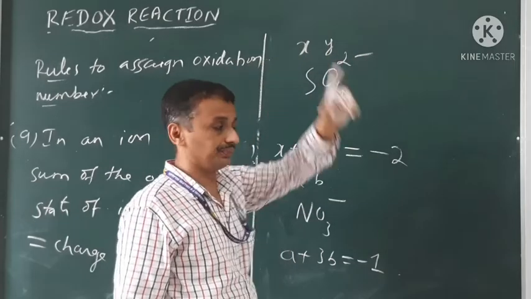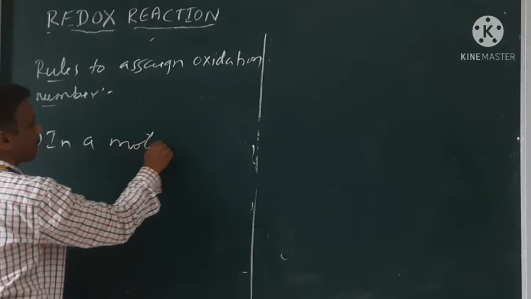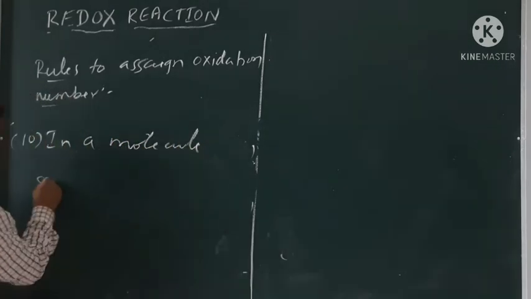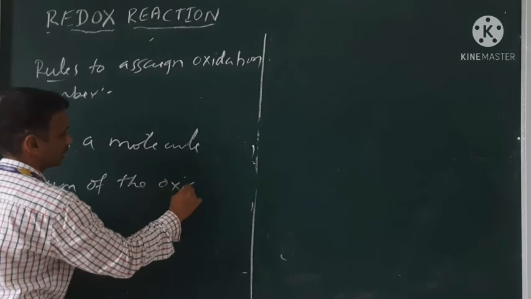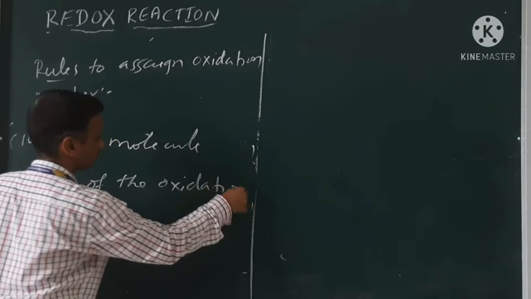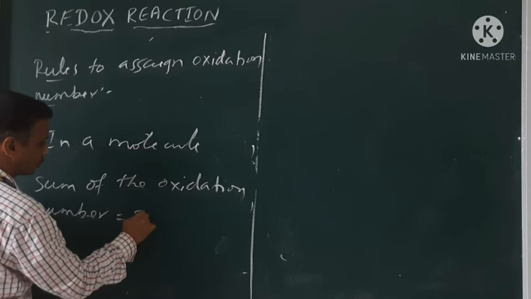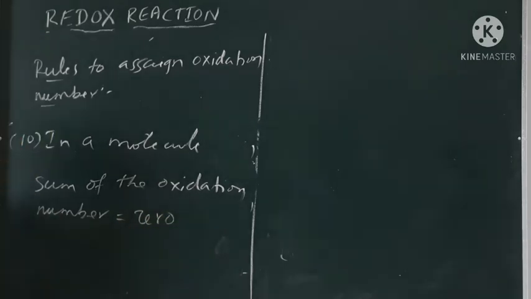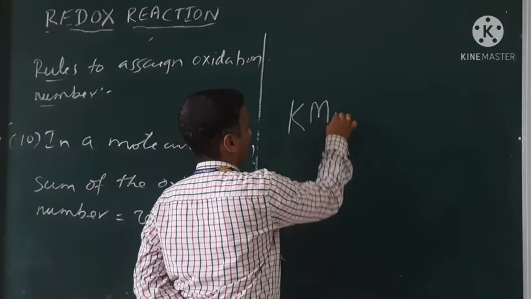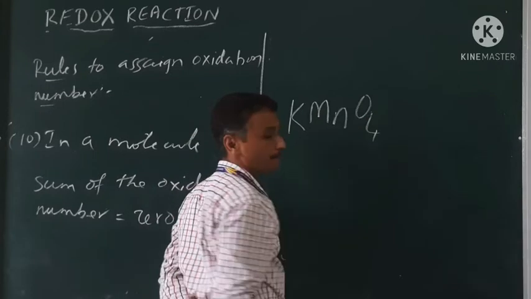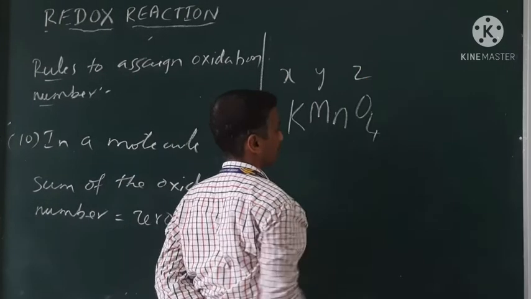If it is an ion. In a molecule, sum of the oxidation states is equal to 0. Just see here, potassium permanganate KMnO4. X, Y, Z you see.